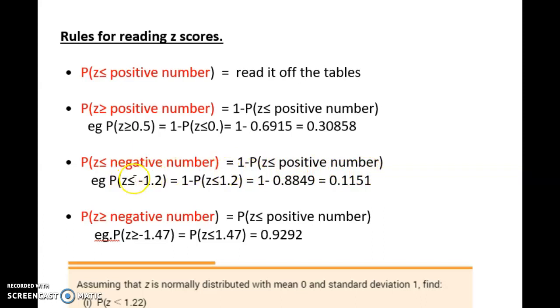So P of Z less than minus 1.2 is the same as 1 minus P of Z less than 1.2, and that's your answer. Or if P of Z is greater than a negative number, well then it's just the same as P of Z less than the positive number. You can keep going back and referring to these until you learn them, because you have to learn them. So keep going back and checking them.